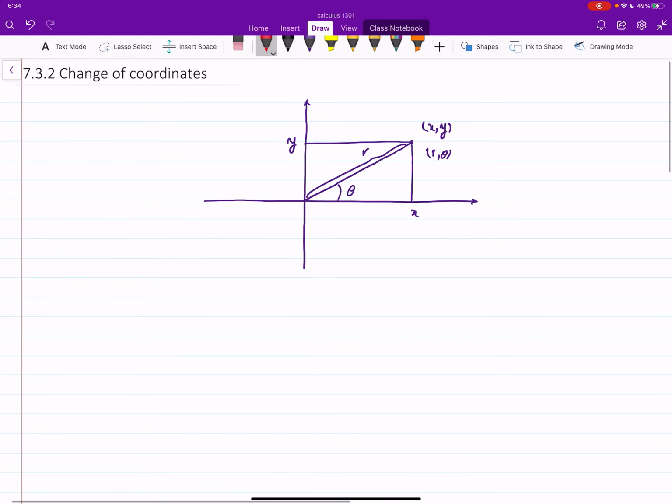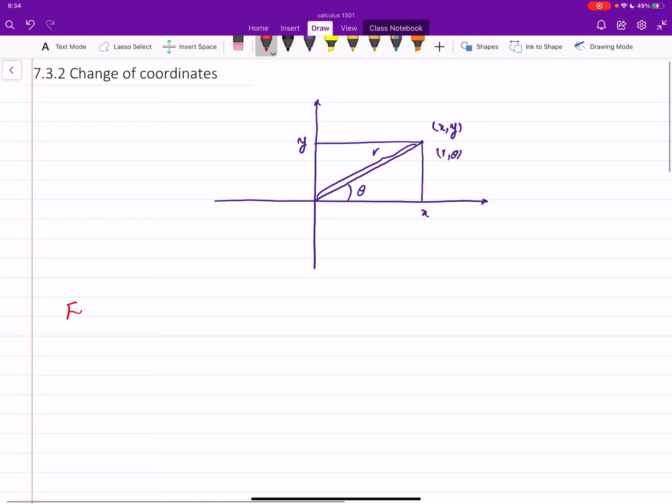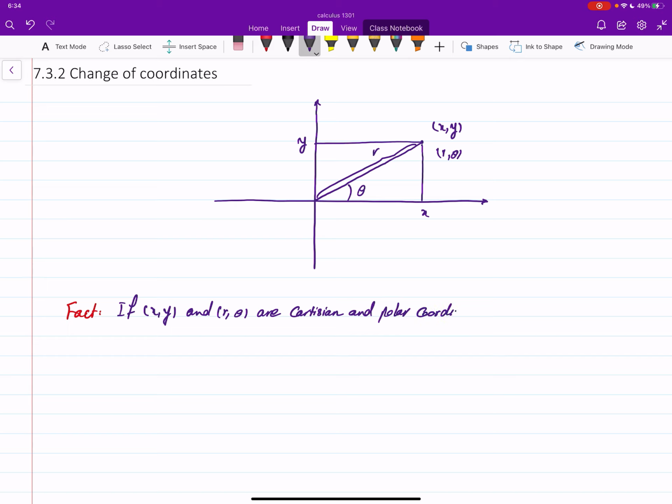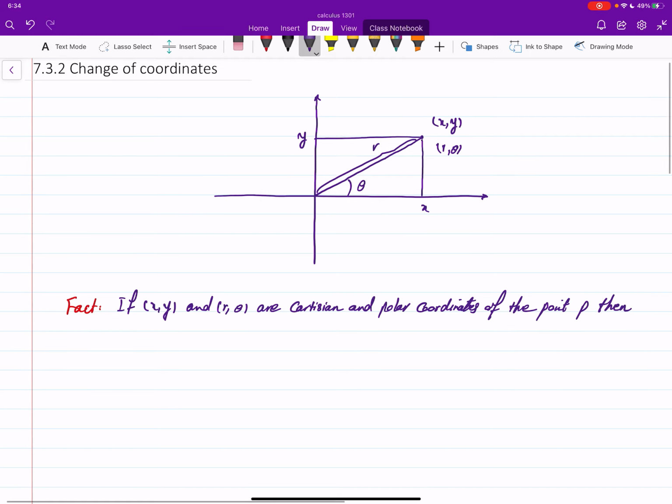This is the fact, or the theorem, whatever you like to call it: if x, y are Cartesian coordinates and r, theta are polar coordinates of the same point, then there is a relation between them.